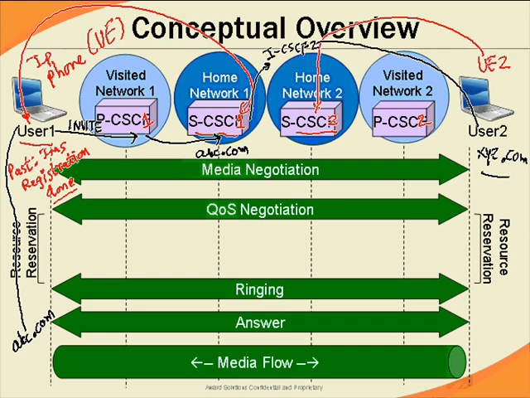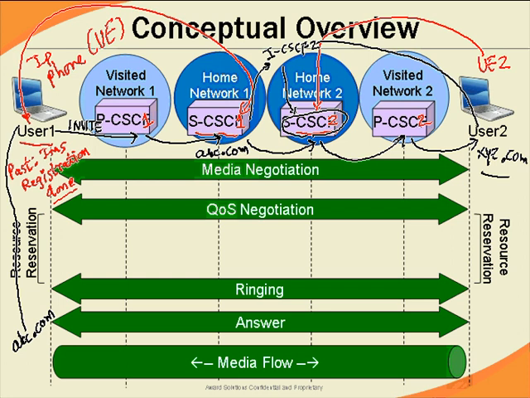The interrogating CSCF will say, okay, this is serving CSCF number 2 in charge of that user. So now the INVITE message can go to serving CSCF number 2. The serving CSCF knows who the proxy in charge of the user is. So the INVITE message can now go this way, and then finally to the user.